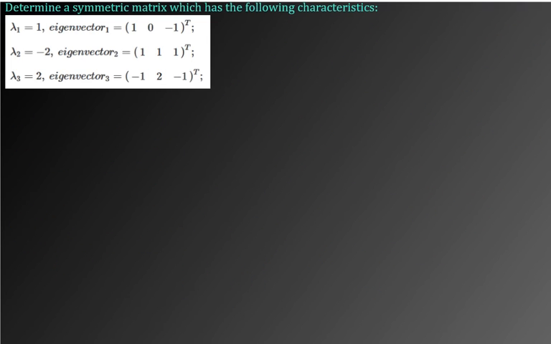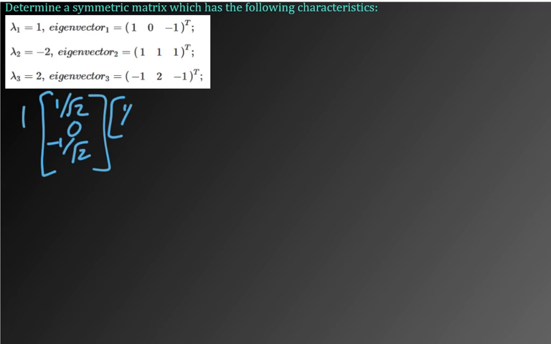So if I do it with a 3 by 3 matrix, which is what I'm going to get here: lambda 1 right there, and then Q1 is 1, 0, negative 1 normalized, which is 1 over root 2, 0, negative 1 over root 2. Then the transpose of that thing, 1 over root 2, 0, negative 1 over root 2.